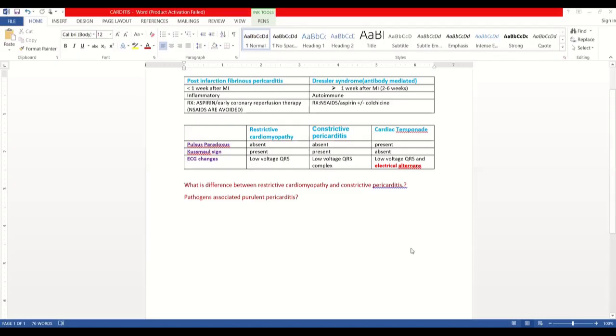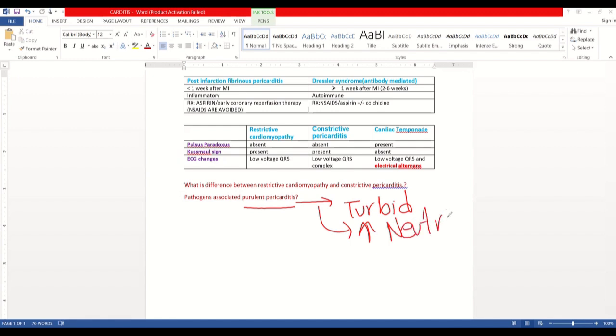It is not. Okay, I am talking about purulent pericarditis. It is associated with some high yield microorganisms, right? Purulent pericarditis means turbid pericardial fluid with increased neutrophils.